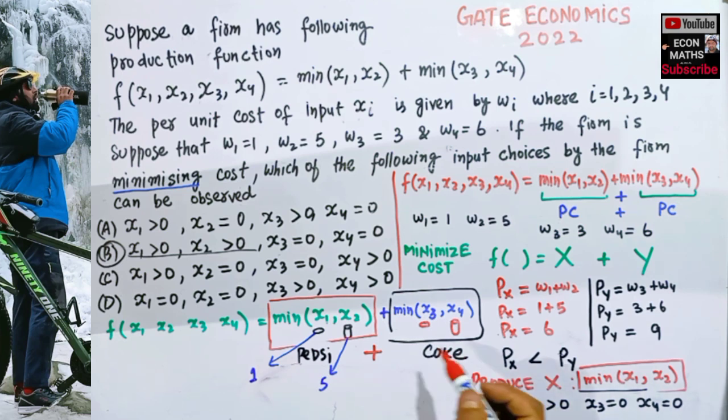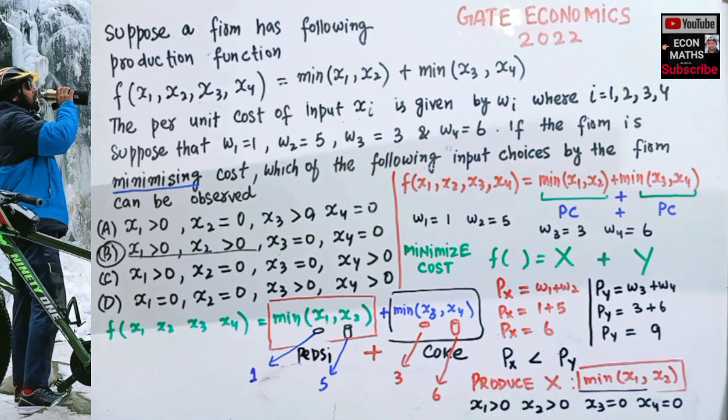Similarly, to produce the cap of a Coke bottle, the input price is 3, and to produce the bottle itself, the input price is 6.